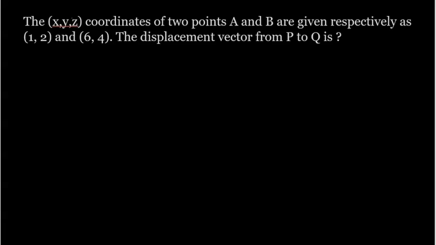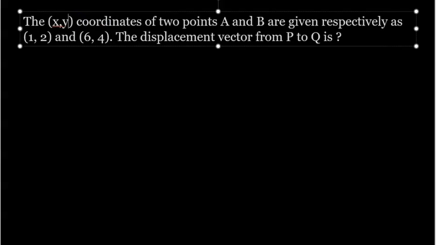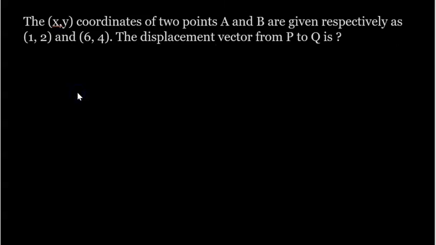Okay, actually it should be here xy only, not z. Okay, so these xy coordinates of 2 points A and B are given respectively as 1, 2 and 6, 4. The displacement vector from P to Q is, so first write the coordinates. Okay, so these coordinates are written with respect to the origin of certain axis.